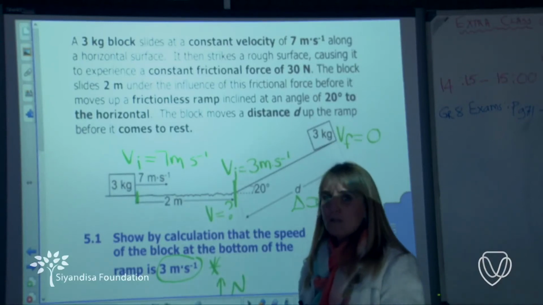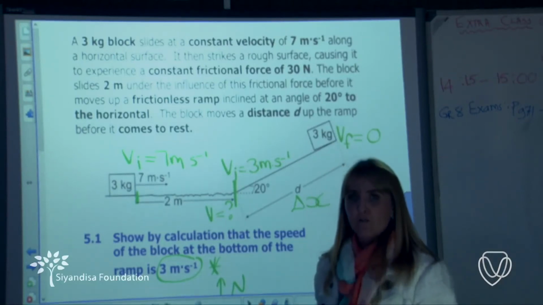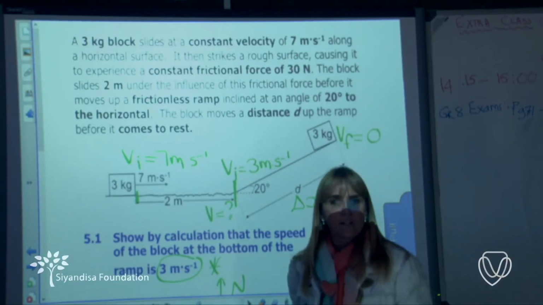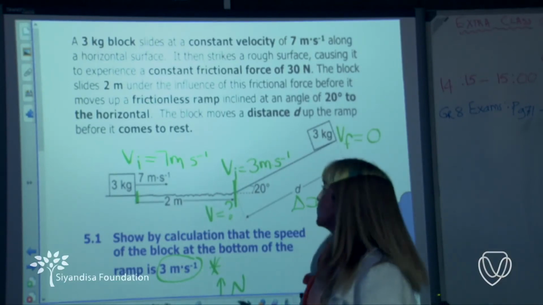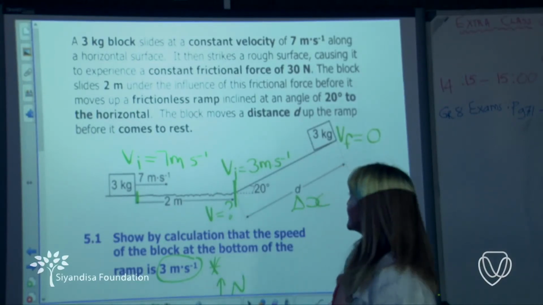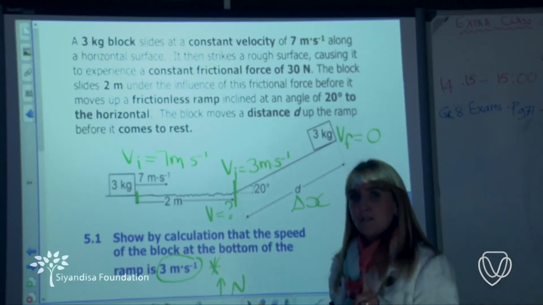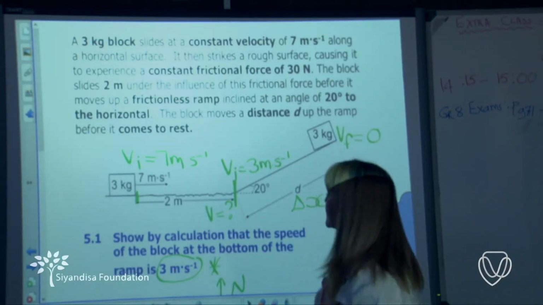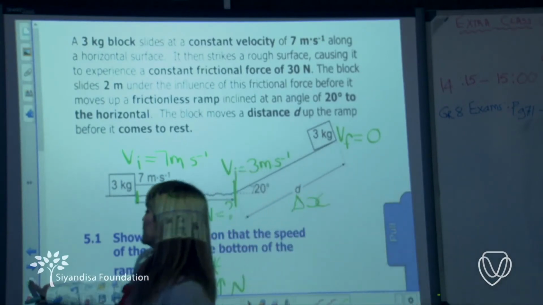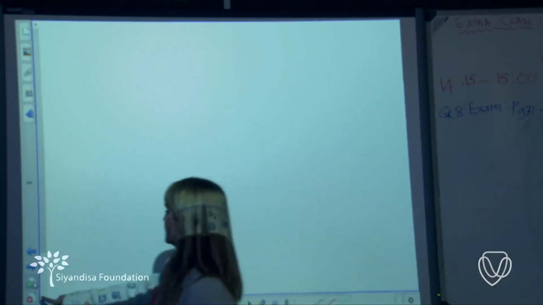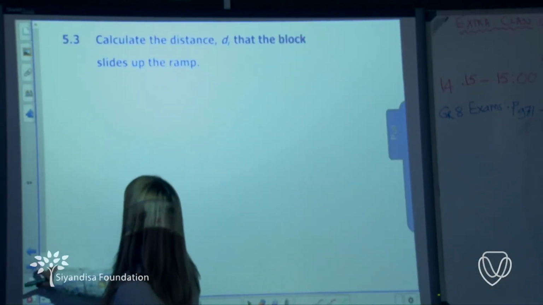There's the normal force, and there's W perpendicular or Wy. But both of those forces act at 90 degrees to the displacement. So the work done by those two forces is going to be 0, which means that there's only one force that is actually doing work on the object. So we can now once again use Wnet is equal to delta Ek. Sorry, let me just do this.